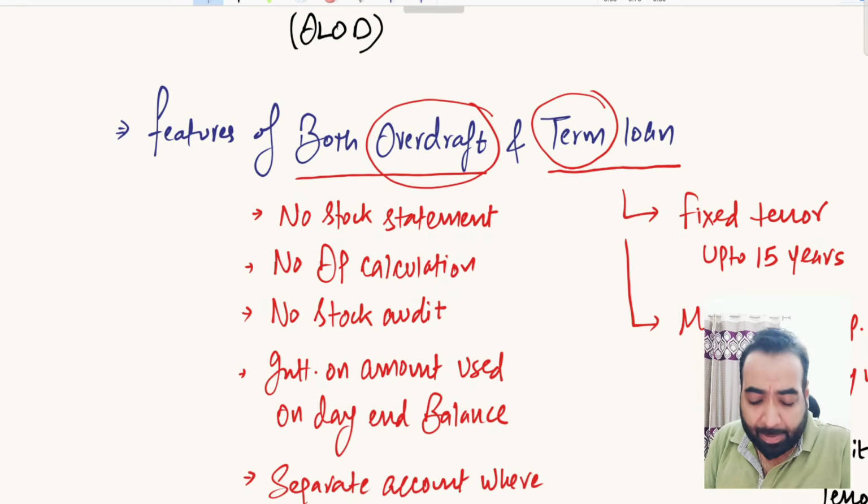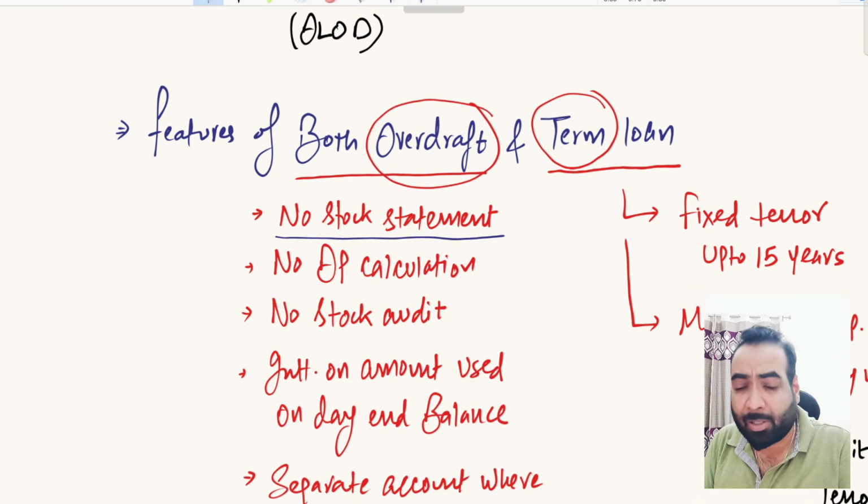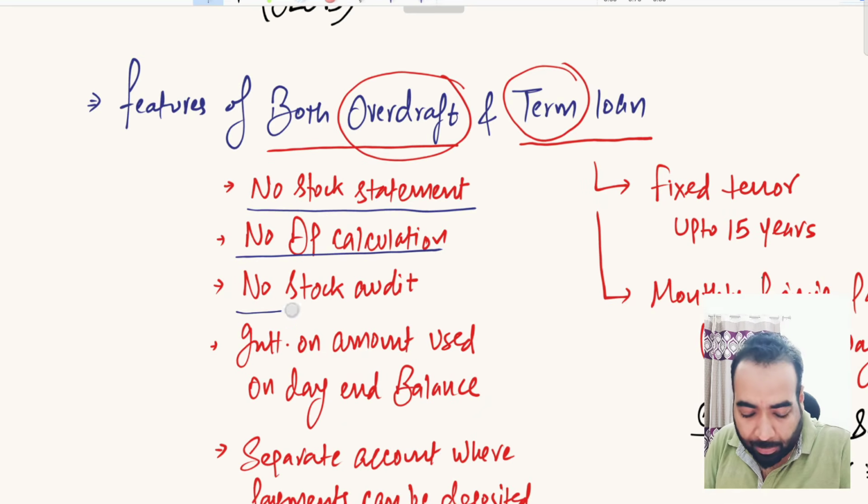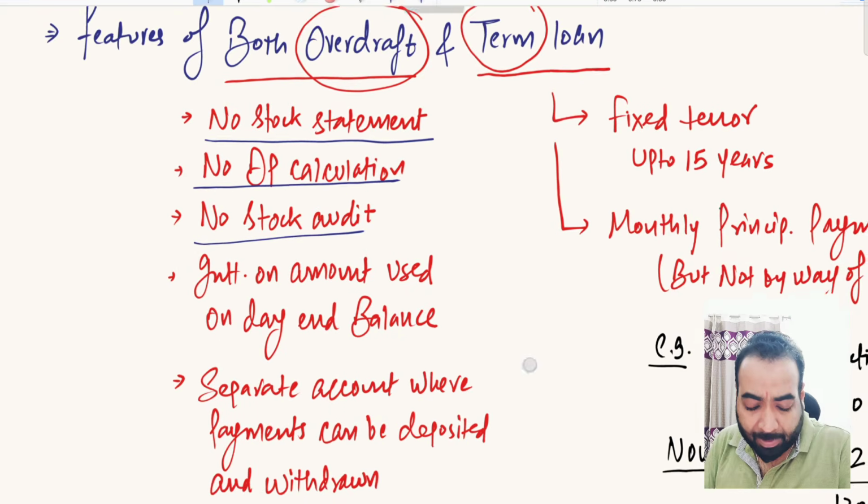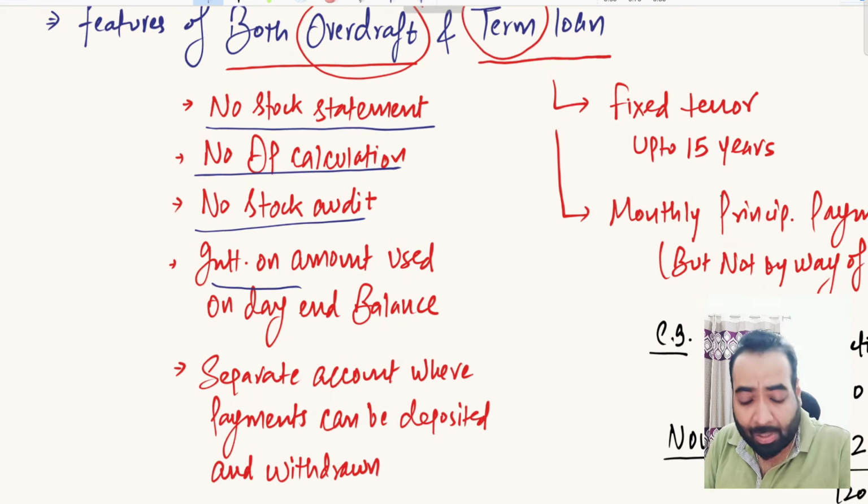Like overdraft facility, there is no stock statement required in a DLOD account. Like overdraft facility, there is no drawing power calculation involved. Like overdraft facility, there is no stock audit involved in this facility. Like overdraft facility, the interest will be charged on the day end balance only.